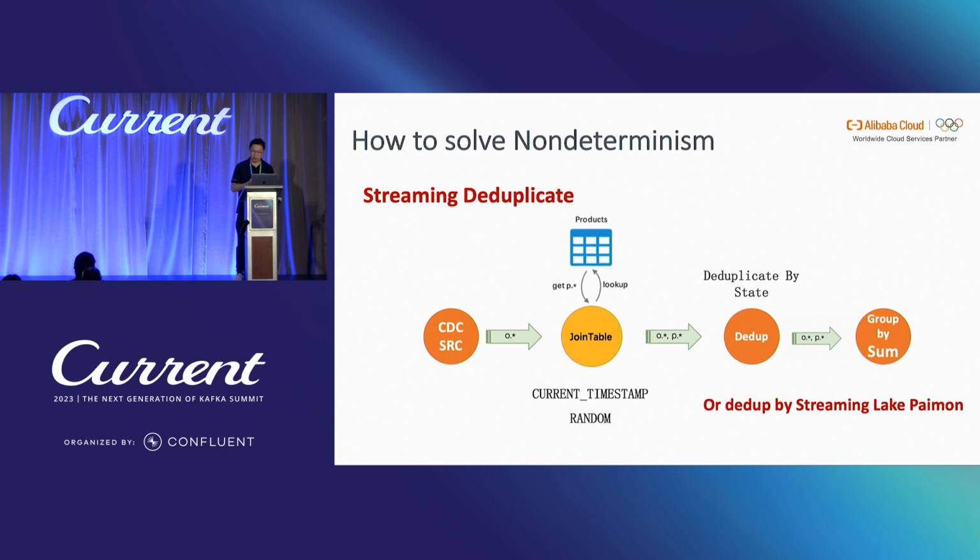Of course it will materialize the whole table. Perhaps not so cost effective. You can also consider using an external system to complete this deduplication. This external system needs to be able to deduplicate and generate a changelog.